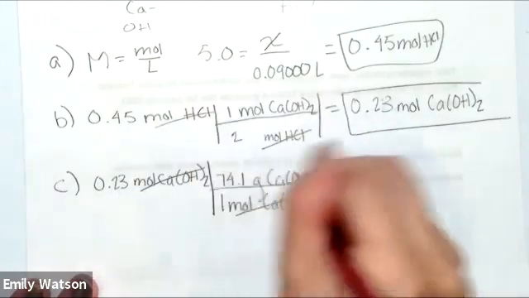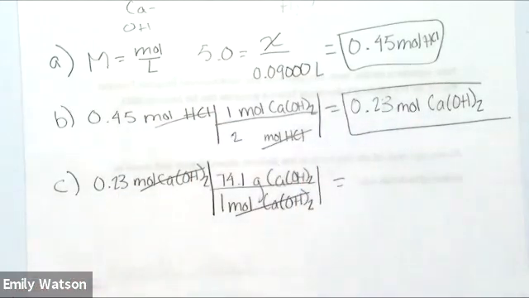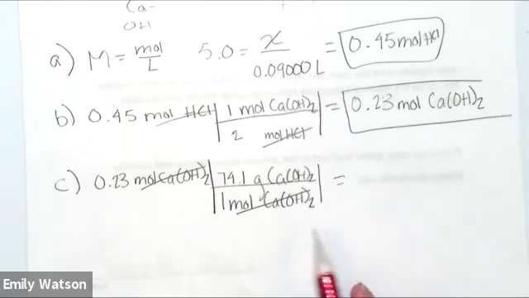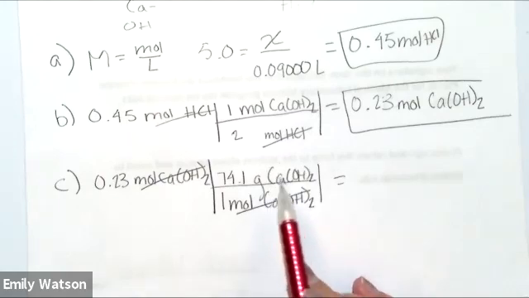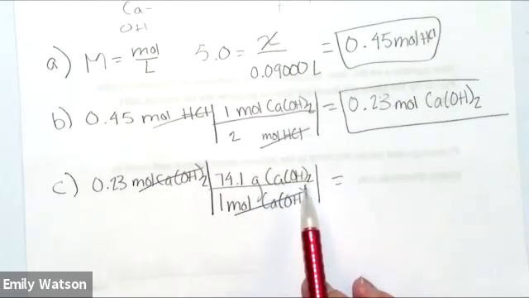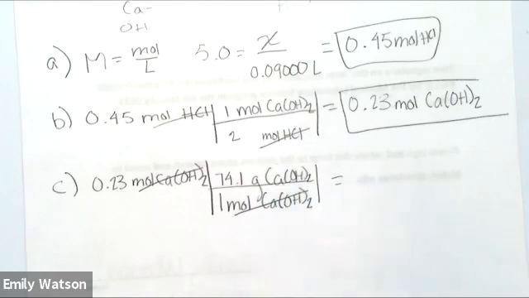Cancel out your units. And how many grams did we use? From the periodic table, since you have 1 calcium, 2 oxygens and 2 hydrogens, you'll just add it all together.